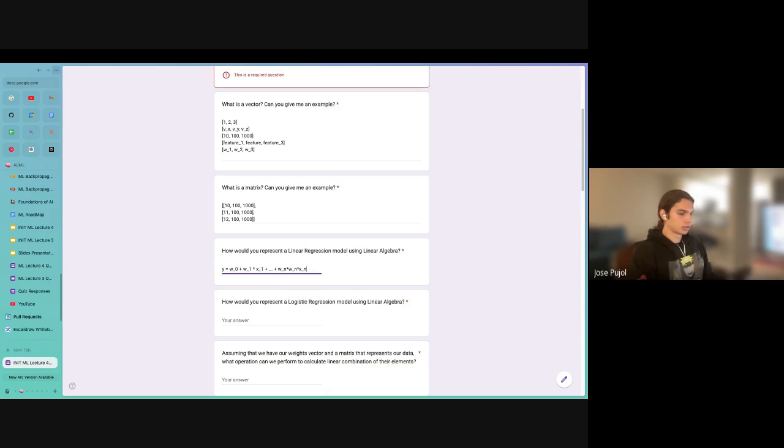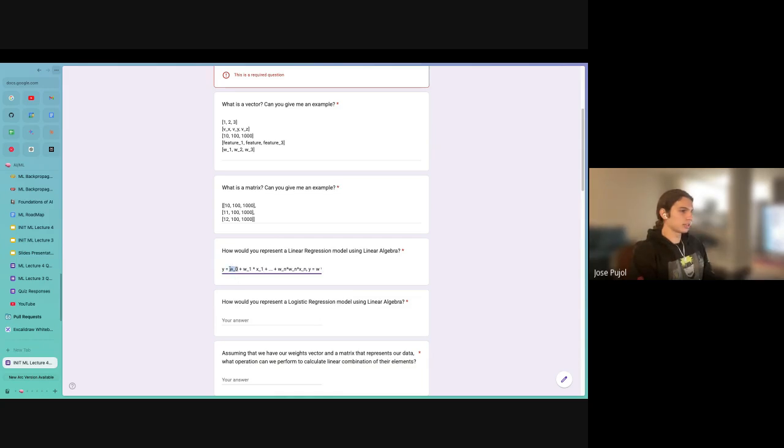Okay, so this is a dot product. I don't have the little dot symbol, but it's essentially represented as a dot product because a dot product is taking the linear combination of these weights and these features. When we compute the dot product, what we're doing is taking the sum of this element-wise multiplication. We have the corresponding weight with its corresponding feature, and then we sum them all together.